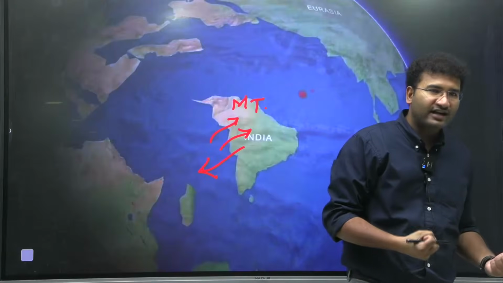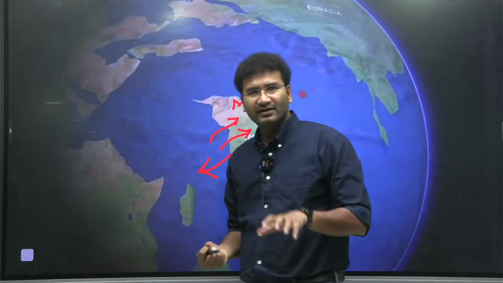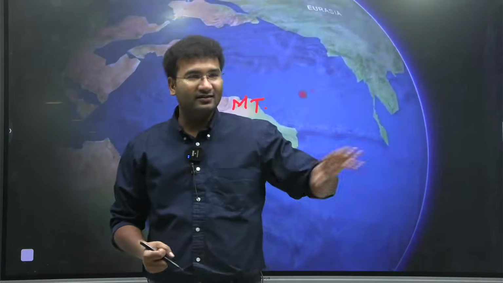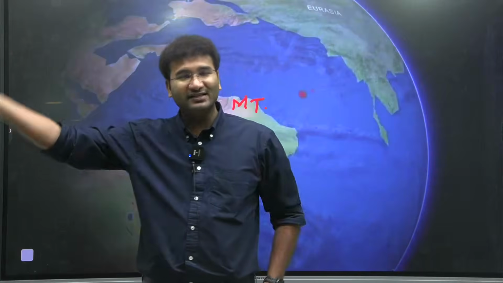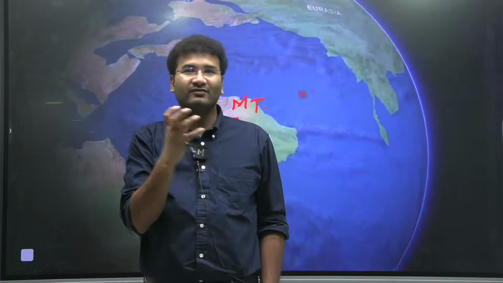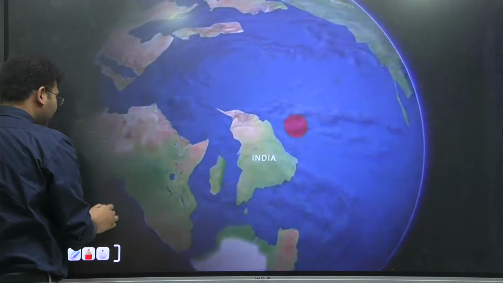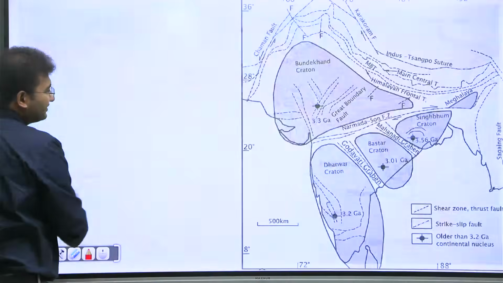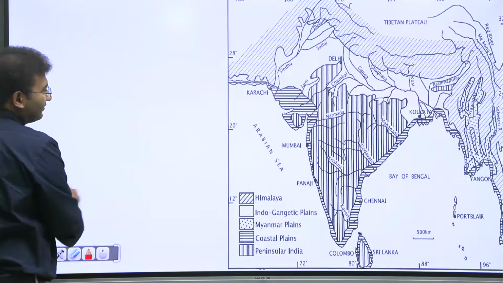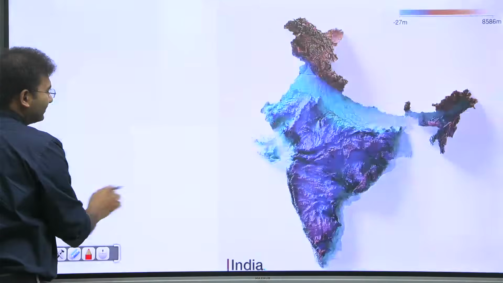So this marine transgression and marine regression was primarily there in Rajasthan, Uttar Pradesh also, the eastern side West Bengal also, Assam also, and then Gujarat. So the stories of Dwarka you might have heard, right? Dwarka got submerged. And that is the reason why we call this part of India a submergent coastal area, a submerged coastline.